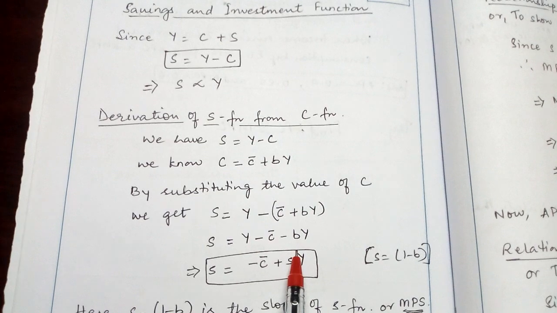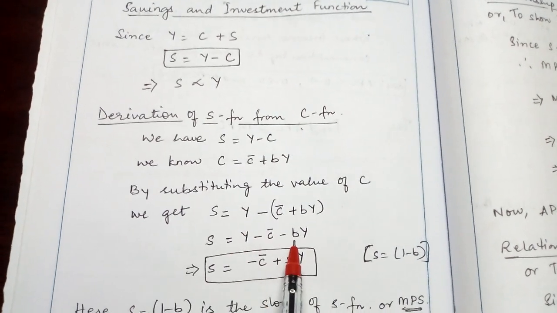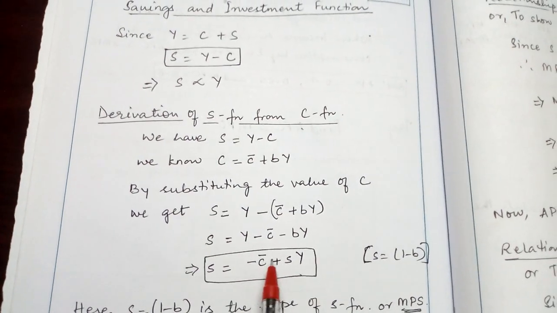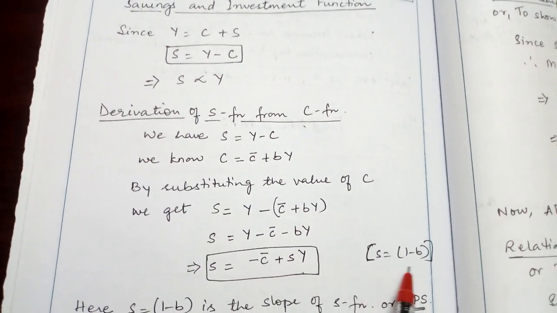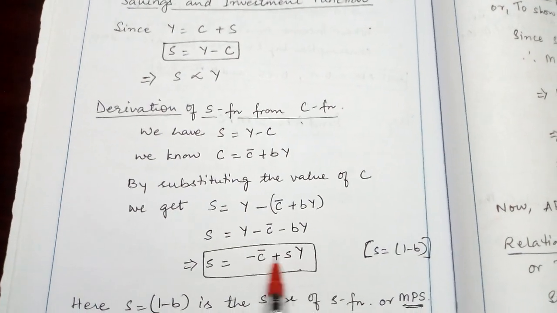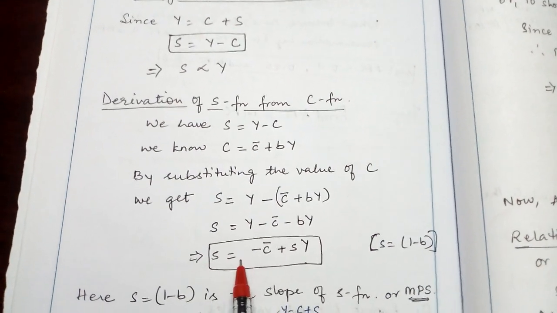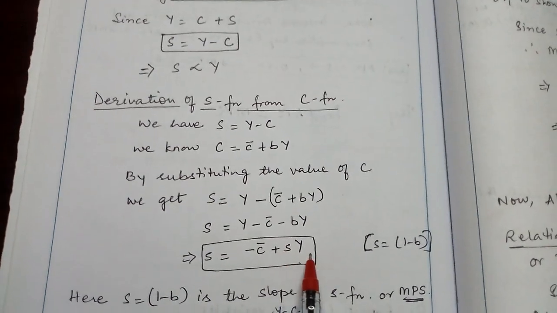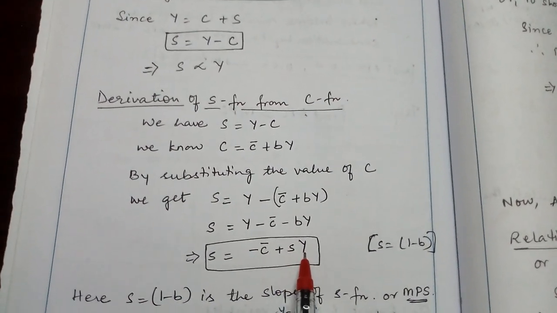How did we get sY? Y and minus bY are like terms, so it becomes 1 minus b into Y. That 1 minus b we wrote as s. So saving function is equal to minus C bar plus 1 minus b, or s, into Y.